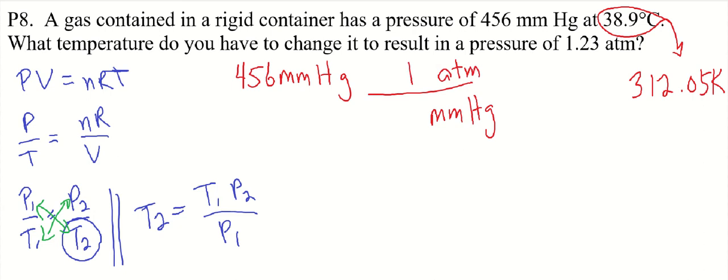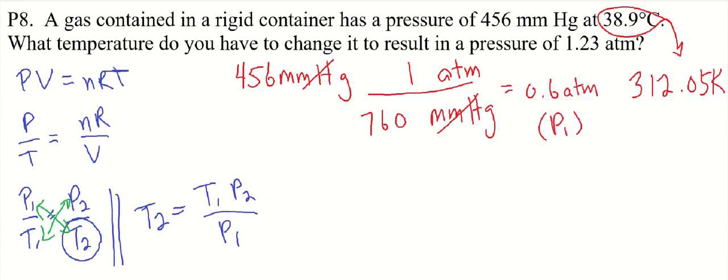The equality is 1 atmosphere is equal to 760 millimeters of mercury. Plug those numbers in. 456 divided by 760 is 0.6 atmospheres. 0.6 atm is the pressure P1.